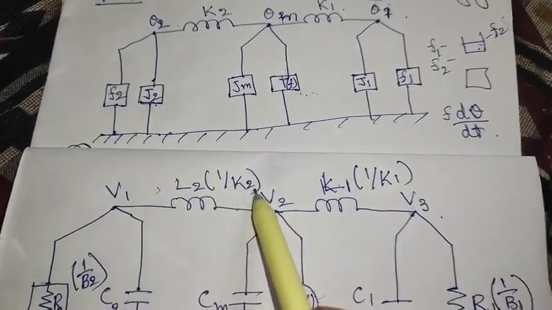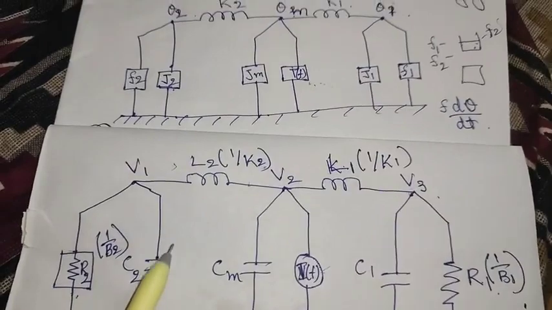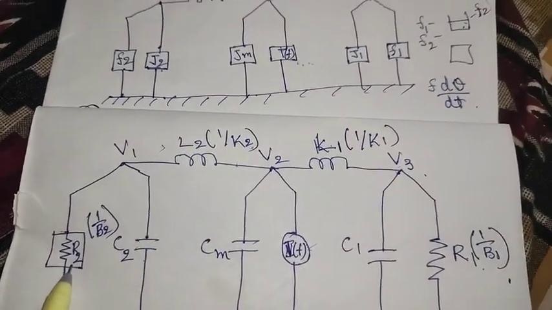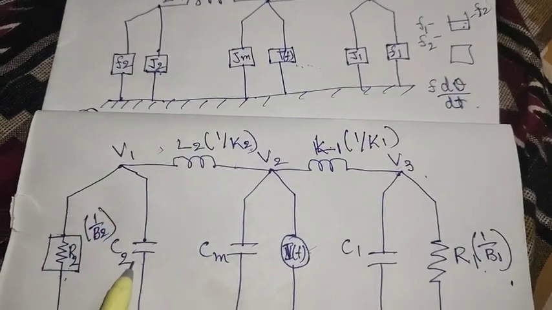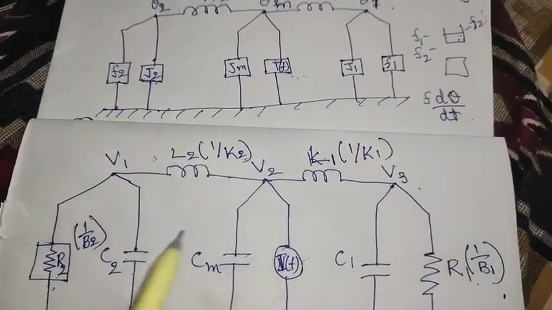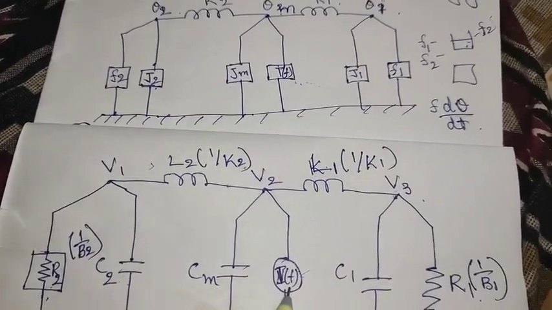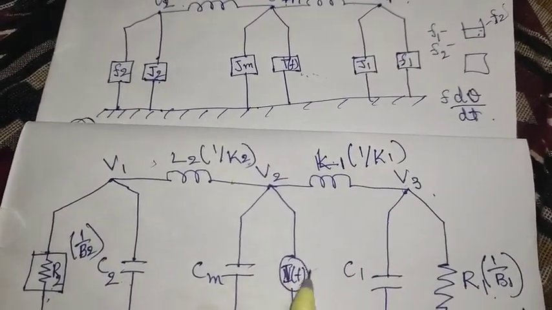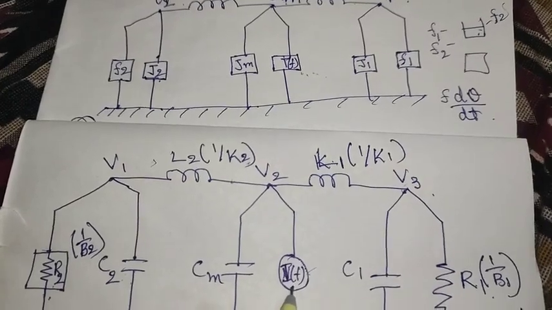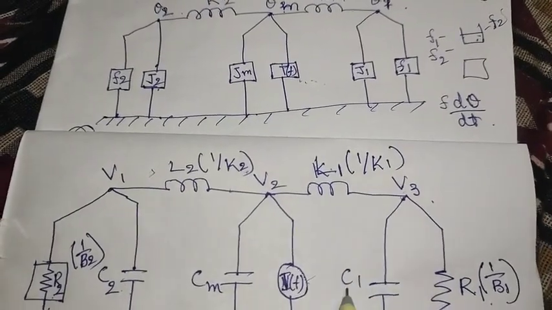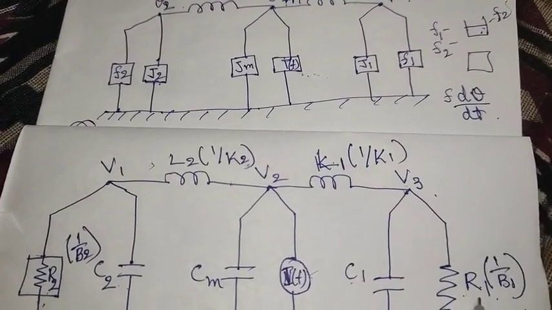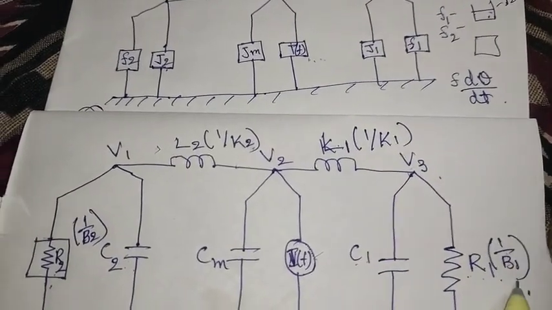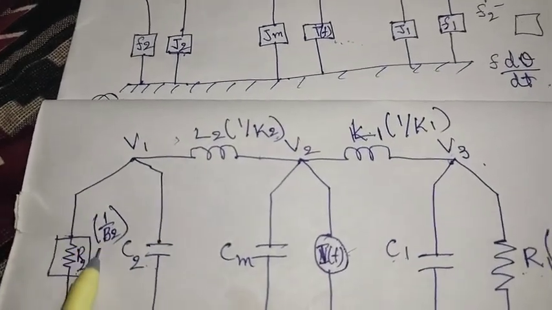In the bracket you should write 1 by K2, and similarly for the friction it is resistance. I have drawn the resistance symbol. For the J2 it is a capacitance, I have written it as a capacitance. For Jm, Cm, and for T of t, torque is replaced by current, that is I of t, and J1 is replaced by capacitance C1, F1 is replaced by R1. In the bracket you should mention 1 divided by B1. Here also you should mention 1 divided by B2.